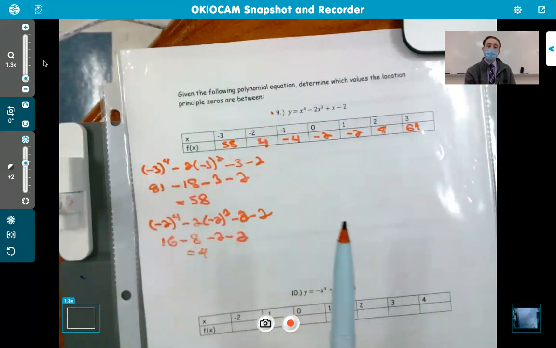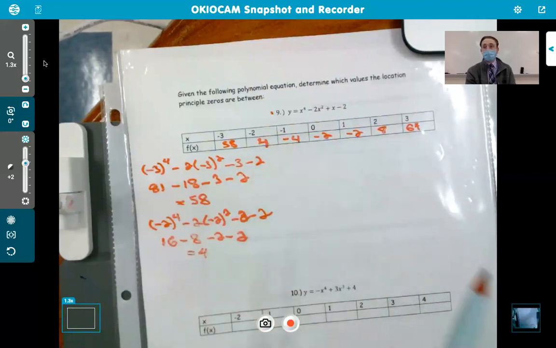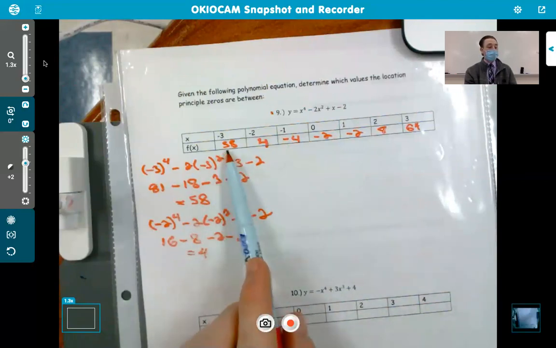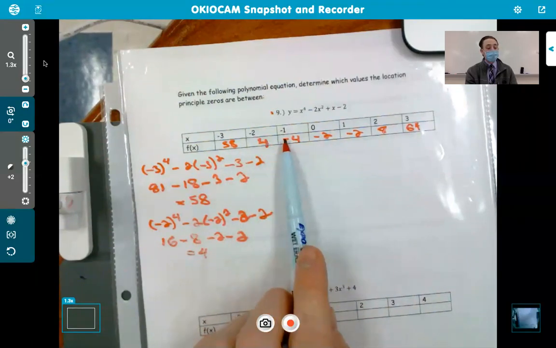Right. So the transition from a positive y value to a negative, or a negative to a positive, right? Because what does that mean my graph's doing? What's it crossing? The x-axis. Awesome. So as I look across my y values, I'll go from positive 58 to 4. So it's positive, positive, positive to negative.